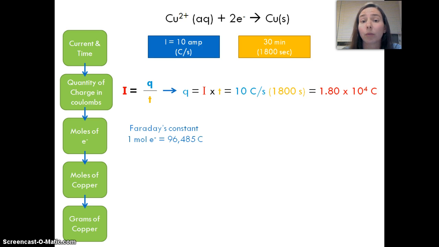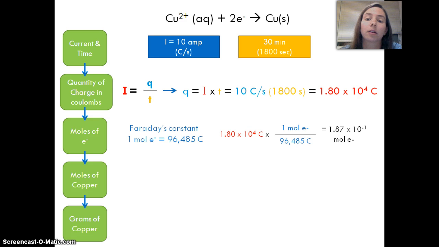Faraday's constant is, again, one of those given values on the AP exam, and it tells us that for every 1 mole of electrons, we have 96,485 coulombs. And so we can use that to just convert units. So I can take my coulombs and convert it to moles of electrons.